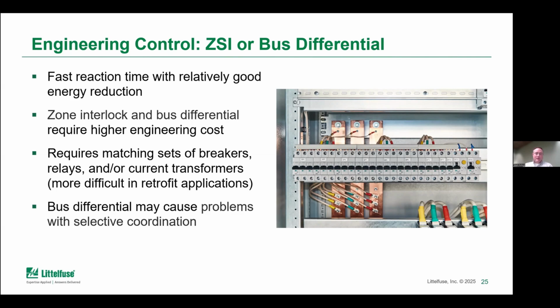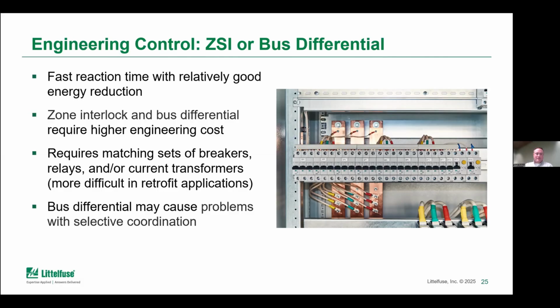So these provide fast acting tripping, but they do require some engineering in order to make that happen. So it can require matching breakers from the same brand or the same series that can accomplish this communication, or having matching current transformers. So this can sometimes be a little bit more challenging in a retrofit.